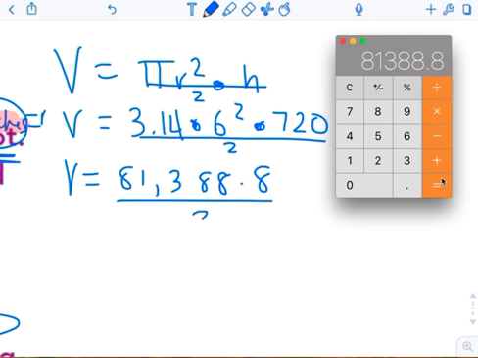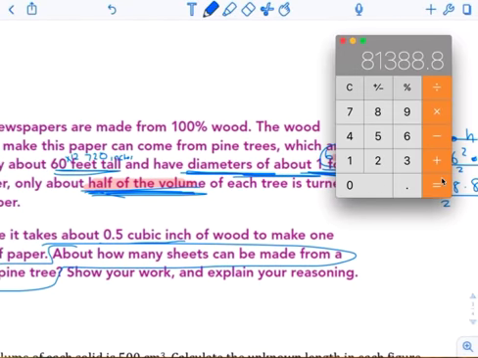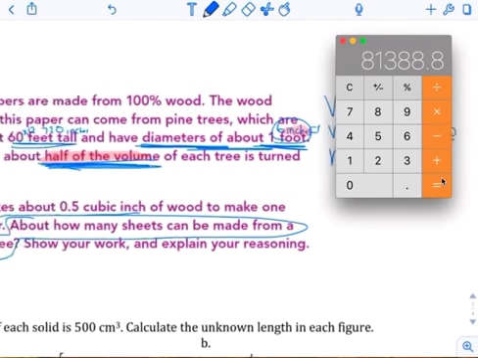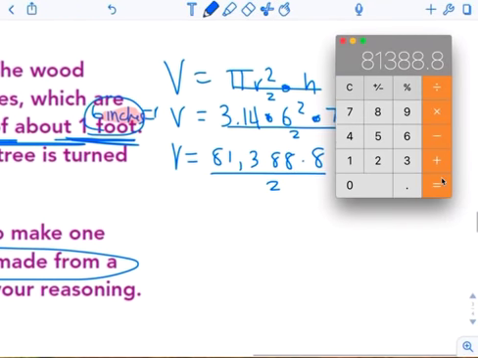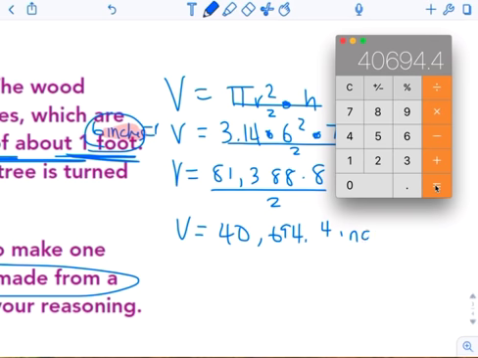Divide it by 2, because we only need half of it, right? Half of the tree. Only half the volume is used for paper. So divide that by 2. The volume used for a tree is this much, 40,694.4 cubic inches.